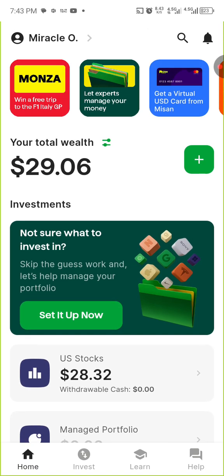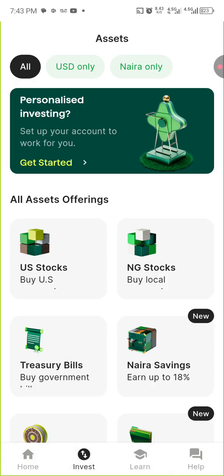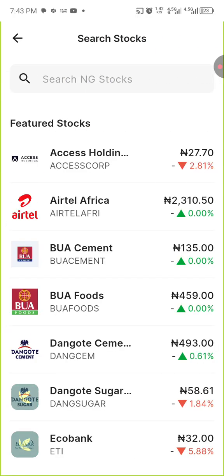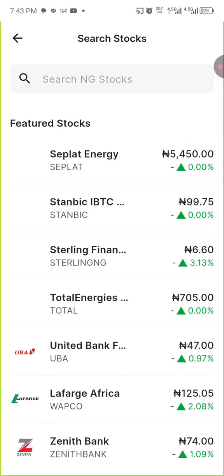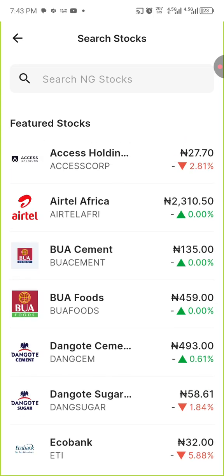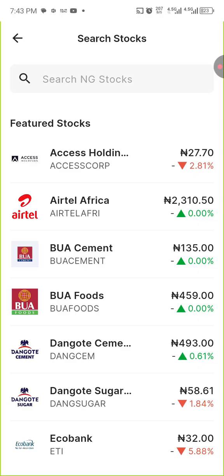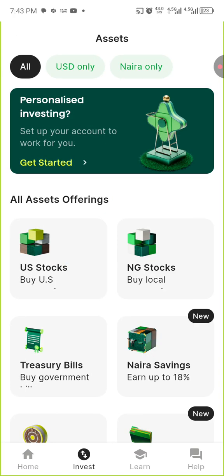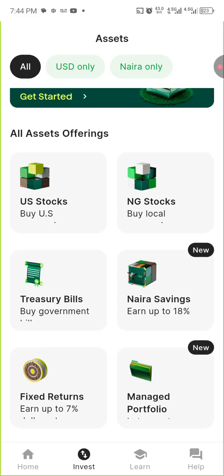So this is how you can navigate it. You can have your Nigerian and your US stocks on one app, like the Bamboo app, though I prefer trading on AfriInvestor because of the charges on Bamboo. You can equally have this here. These are Nigerian stocks listed on Bamboo. So this is how to navigate it.